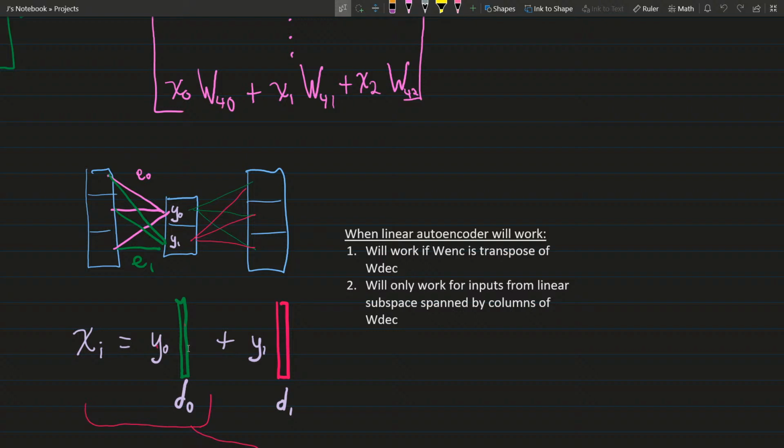Yeah, so explicitly y sub 0 is a scalar, and so on and so forth. Which means that the output is always going to be in a linear subspace of dimension, I guess, however many latent variables you have, modulo the linear independence of the vectors.